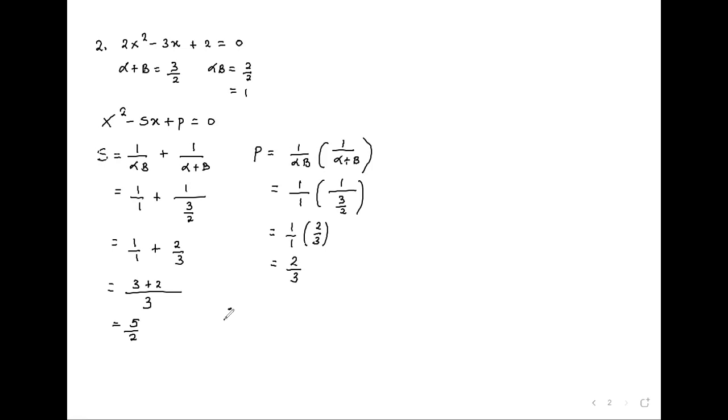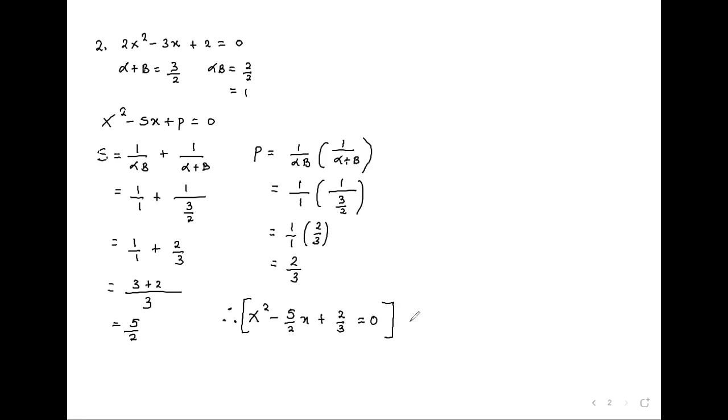Then you say, so the new equation is x squared minus S, that is 5 over 2, x plus P, 2 over 3, is equal to 0. Should they demand whole numbers, you multiply by the lowest common multiple of 2 and 3.